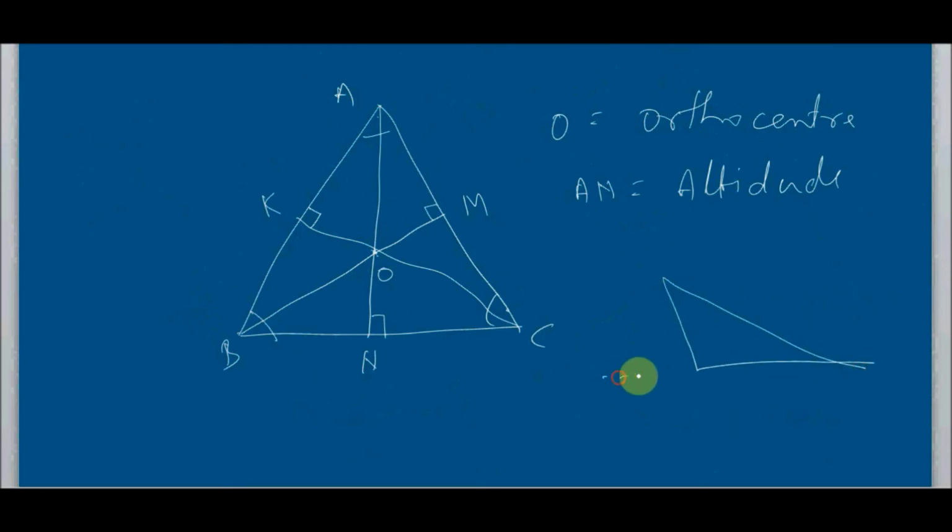Here, if I draw a line to make 90 degrees on this BC, it will not come inside, because it will make 90 degrees on the extended part. In this case, the orthocenter will not come inside the triangle. So remember, all three angles of the triangle must be less than 90 degrees if we want the orthocenter inside the triangle. I think it is clear.